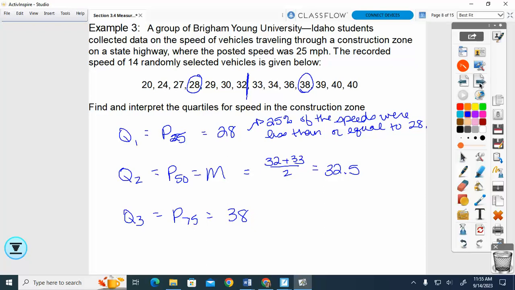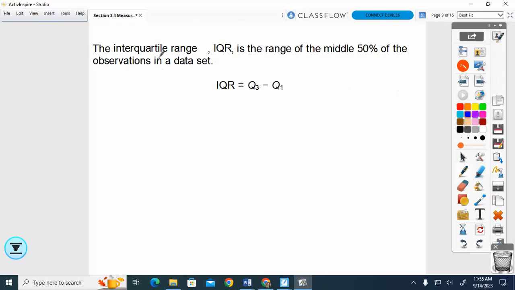So something that can be useful for us is the interquartile range, or IQR. And we know a range is just when you take the highest minus the lowest. So the interquartile range is you take the highest quartile minus the lowest quartile. So IQR is quartile 3 minus quartile 1. That is on your formula sheet, so that is given to you.